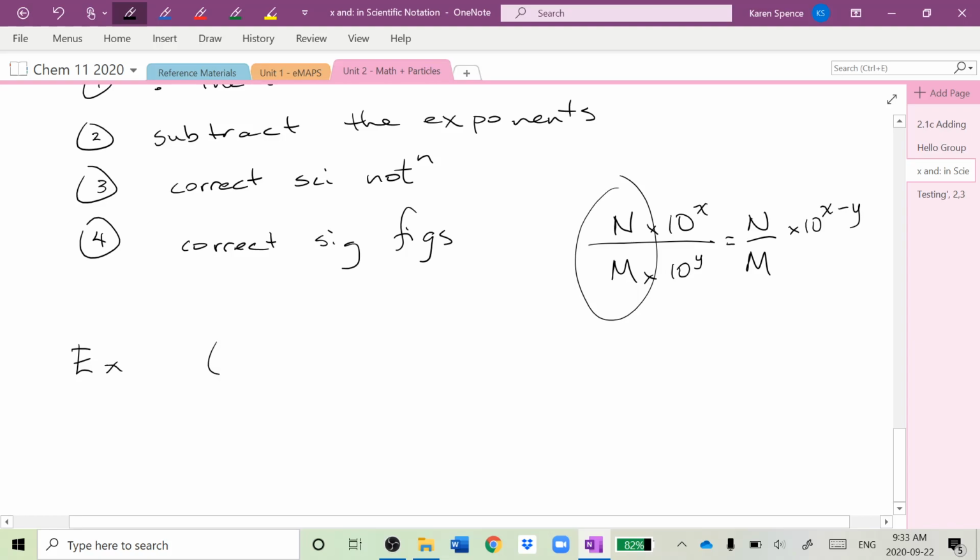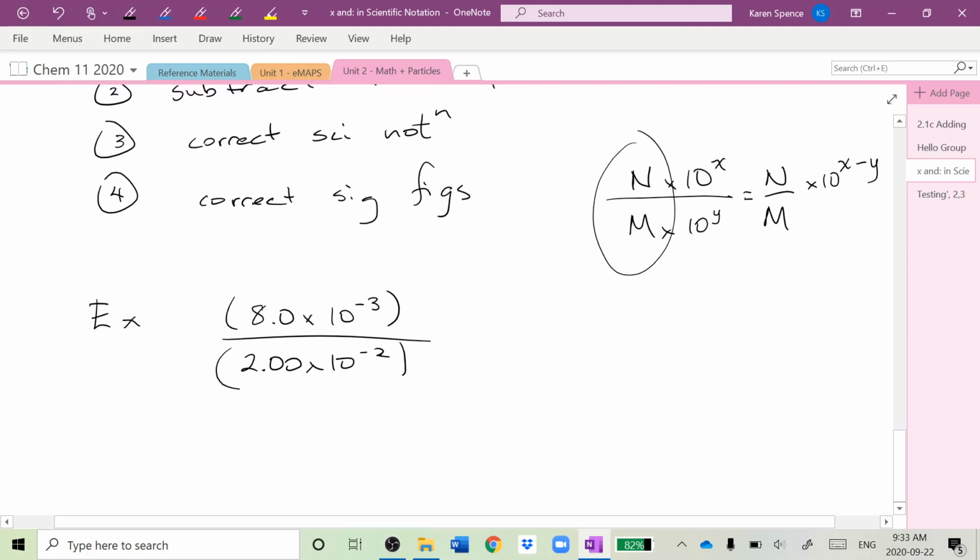We have 8.0 times 10 to the negative 3 divided by 2.00 times 10 to the negative 2. So we will divide our coefficients, and this one actually we can probably do in our head, which is really nice, because 8 divided by 2 is 4. So now we have our coefficient, we've divided our coefficient and gotten 4. And now we want to have our power of 10.